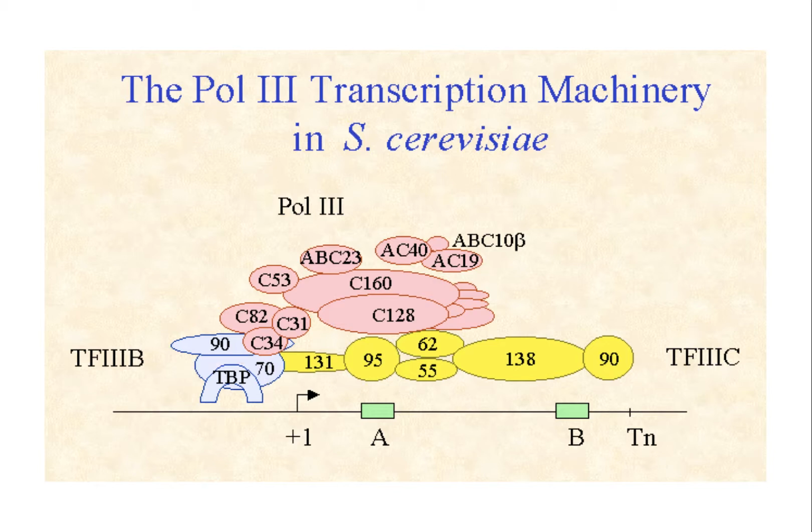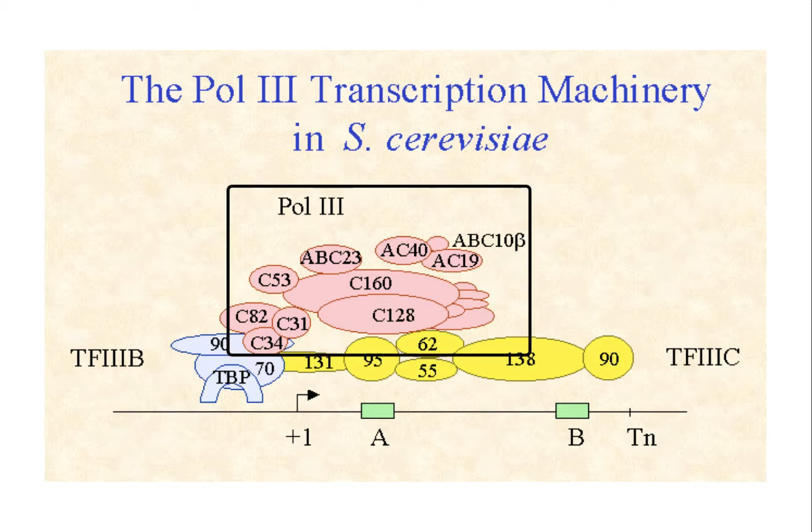Also, as you saw from that initial phylogram showing the different subunits for RNA polymerase 3, there are many subunits in RNA polymerase 3. So the entire complex just to transcribe tRNAs is actually very complex in eukaryotes.